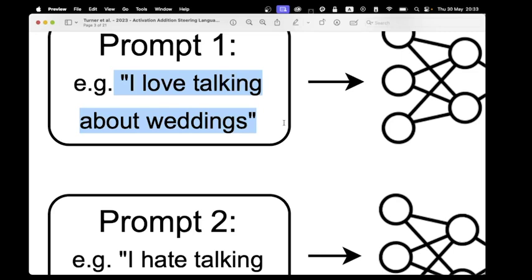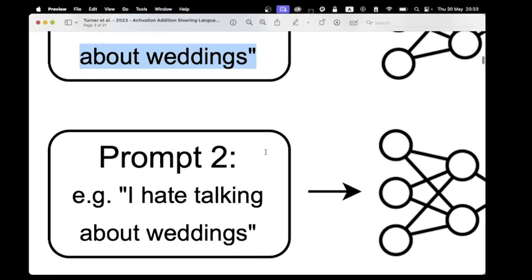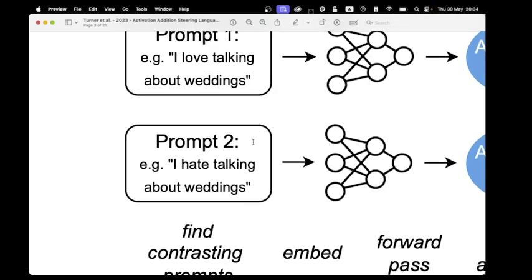The weights will not correspond exactly to positions. And so we get a diffuse representation of love about weddings, and a diffuse representation of hate about weddings, and apparently love about weddings is different enough from general love that this differencing works empirically. All right. Okay.